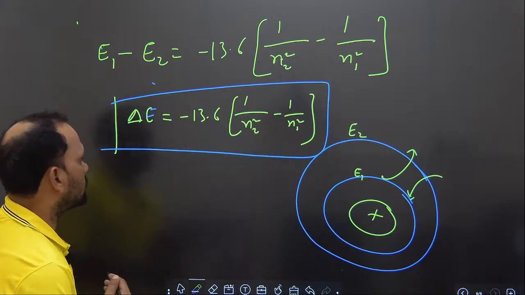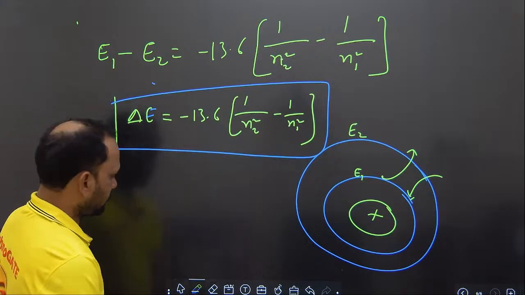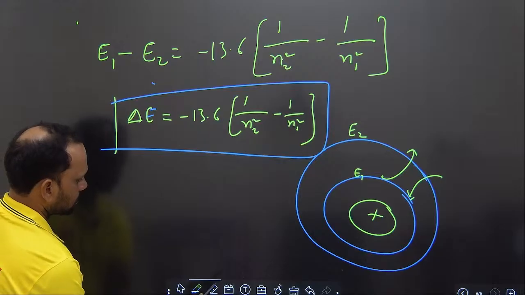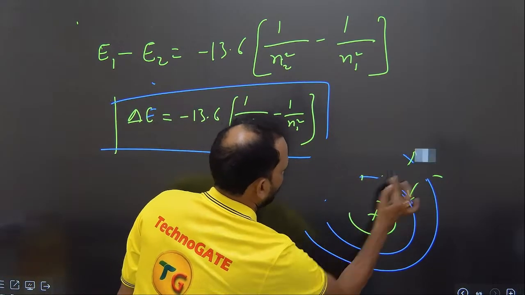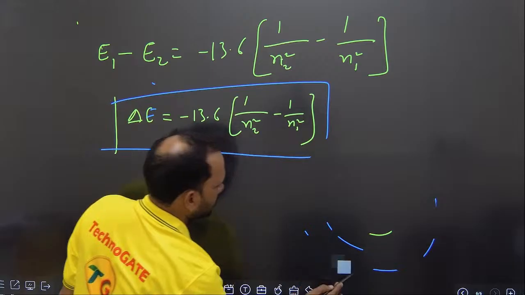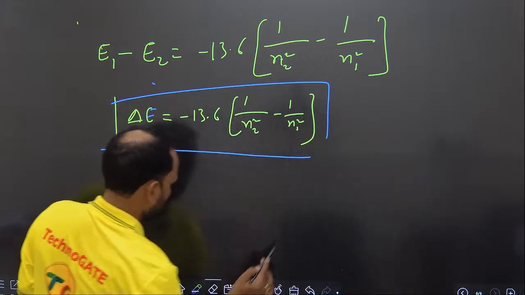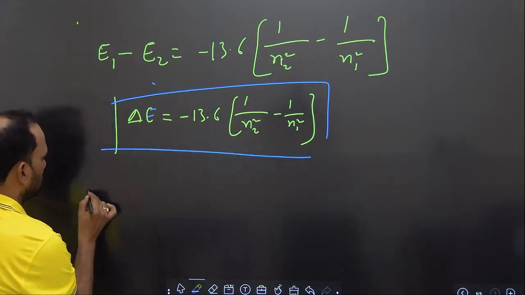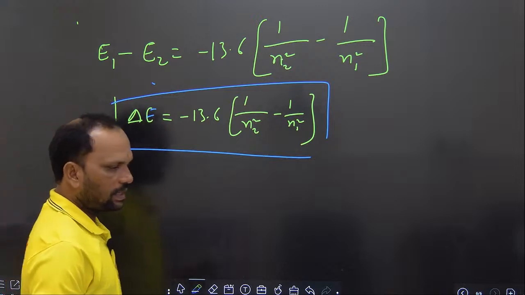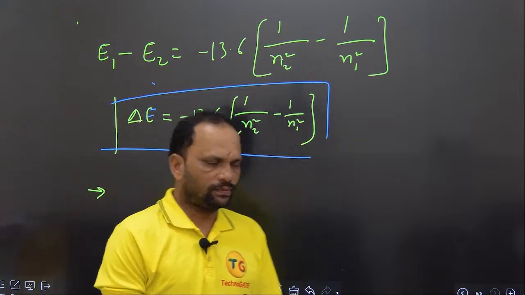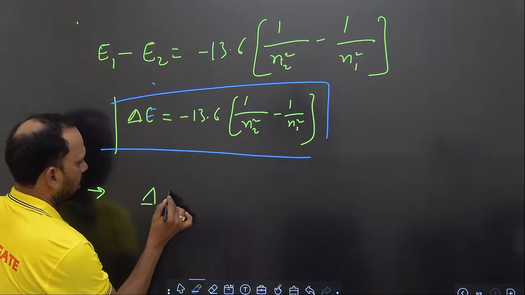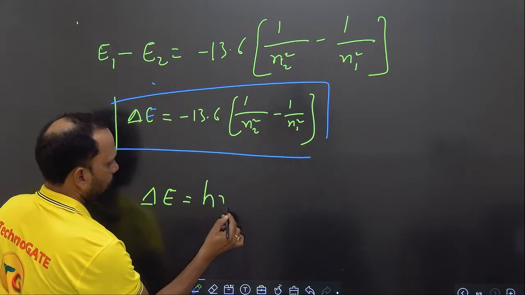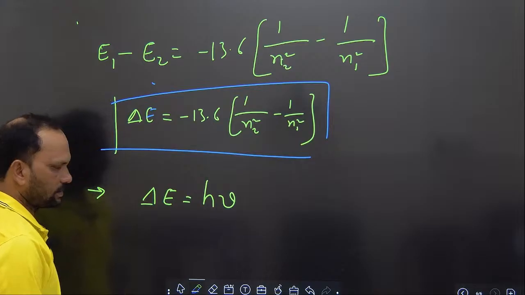Then what is the frequency? What is the frequency of the radiated wave? We know that delta E is equal to h mu, delta E is equal to h into mu. Mu is nothing but frequency, right?